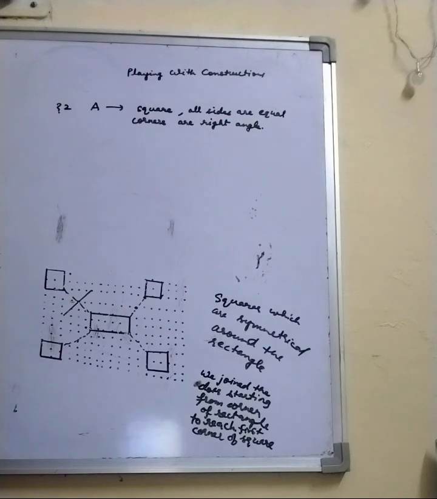Okay, then part B. Now you can see how many dots are joined, 1 2 3 4 5 and 1 2 3 4 5.